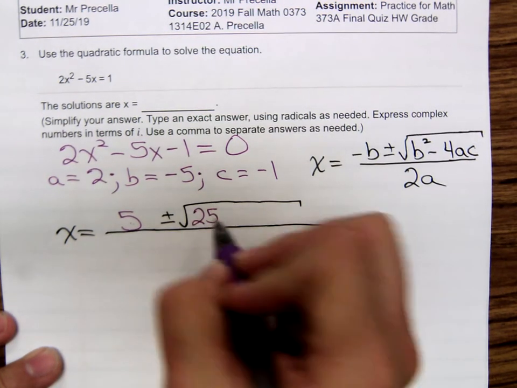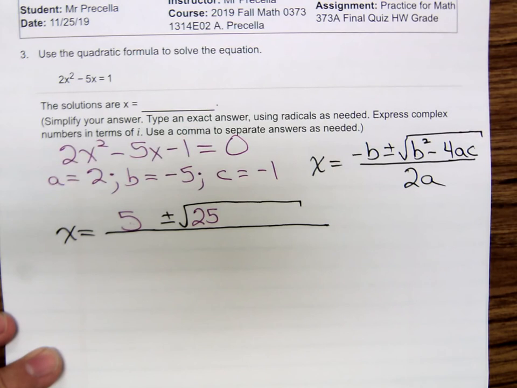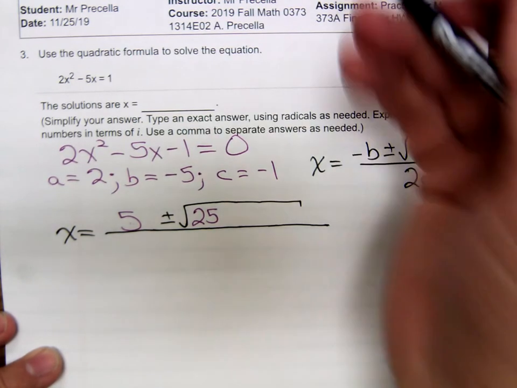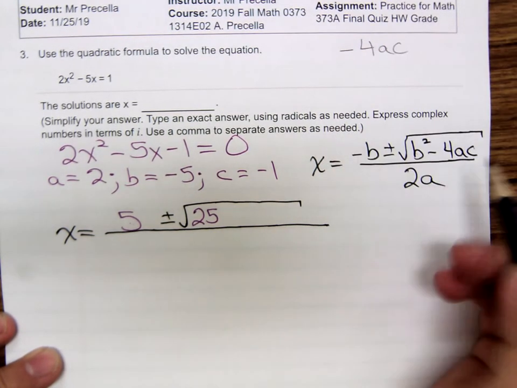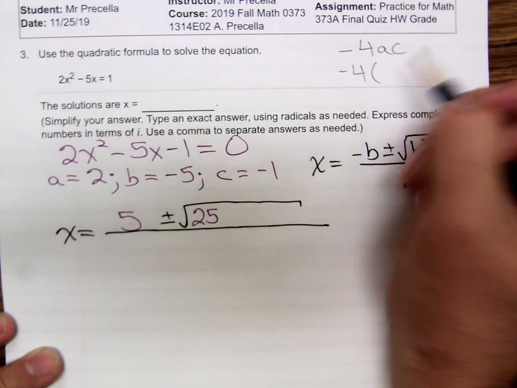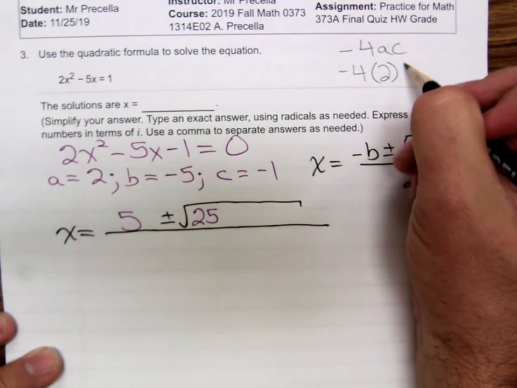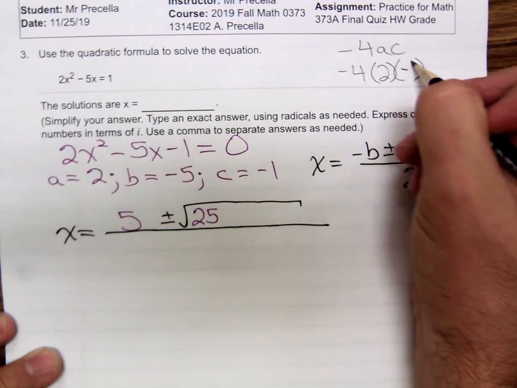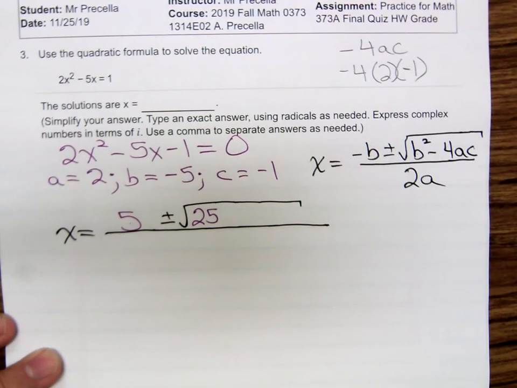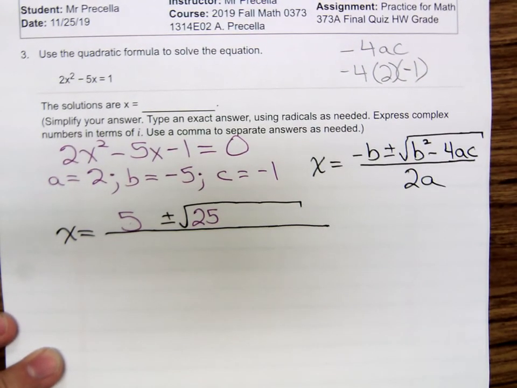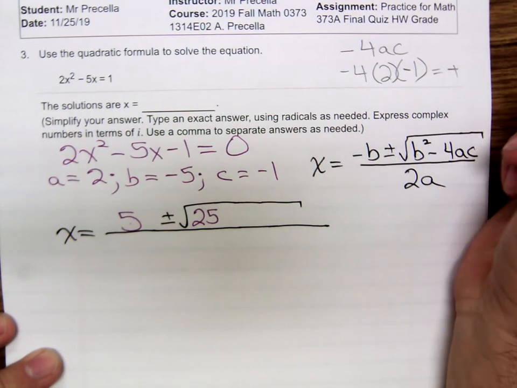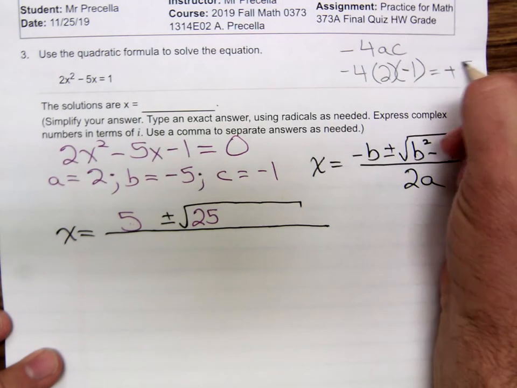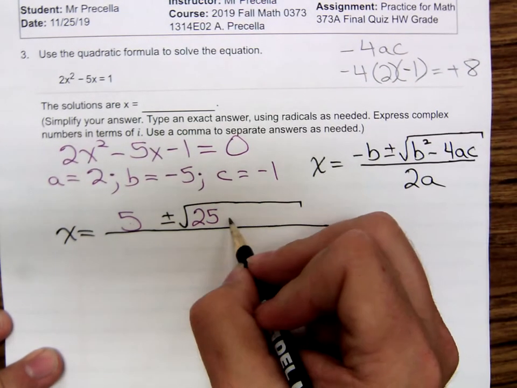And the minus 4 times a times c, I would do on my scratch paper. A was 2, c was negative 1, so negative times negative becomes a positive. A positive 8. So a plus 8.